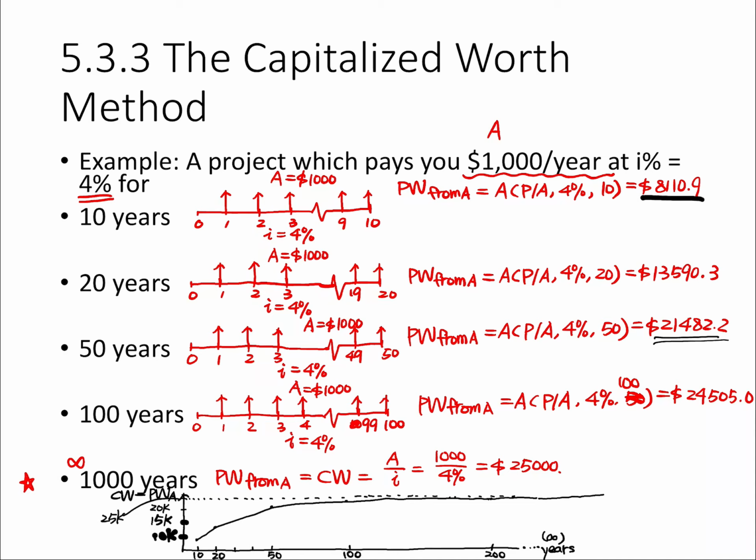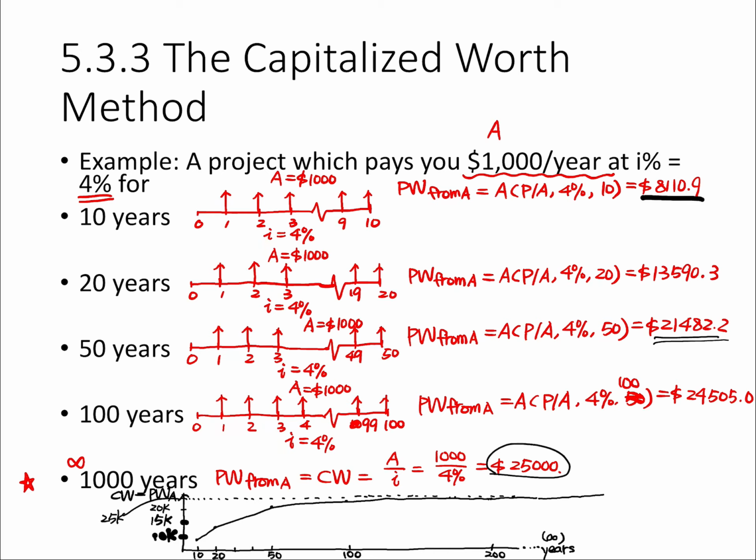Before the number of years gets to the real infinite, this curve just keeps getting closer to the dotted line. It never gets to the dotted line until it gets to the infinite number of years. That makes sense. So at infinite time your present worth is going to be 25,000, and that's the maximum. For every number of years, it's just getting closer and closer to that maximum ceiling, but never touches it.